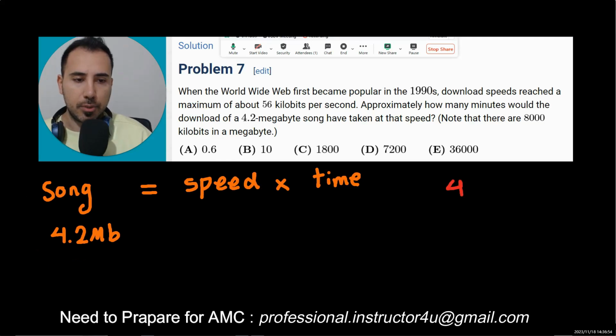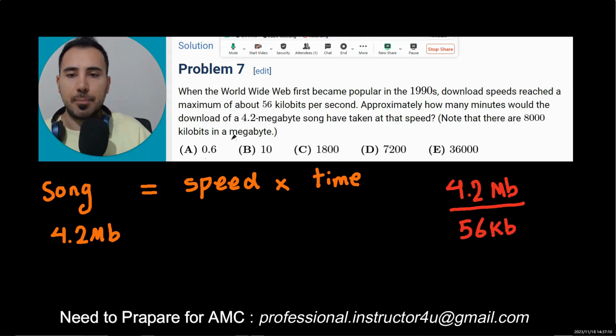So I'm going to write 4.2 megabyte, divided by the speed, which is going to be 56 kilobyte. But here it says 1 megabyte is 8,000.